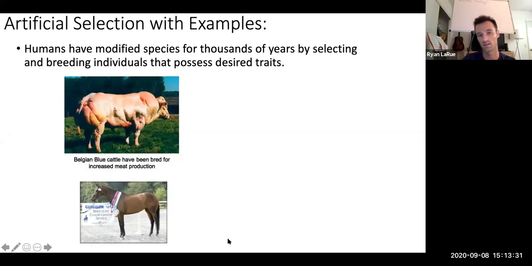So that's one example. Prize winning horses are selectively bred. These thoroughbreds are really fast. They have great stamina. So when the professional breeders would notice that the offspring had these really desired traits, they would breed them together to conserve those traits and keep them going.